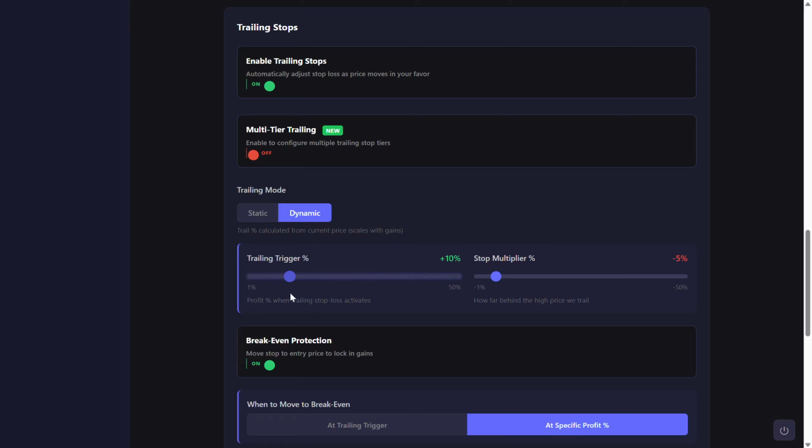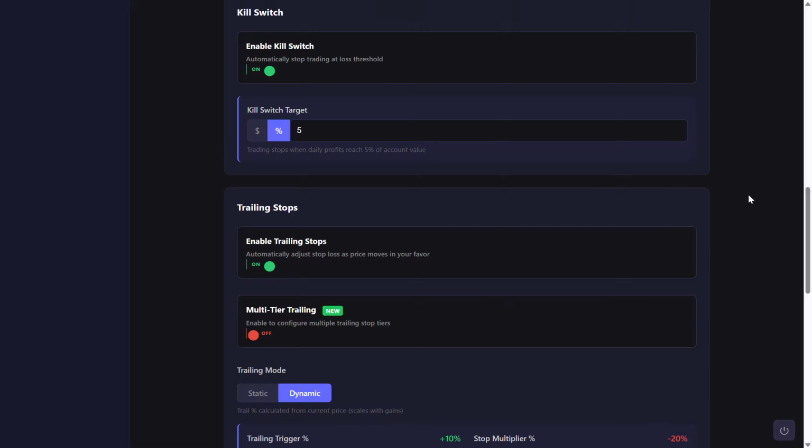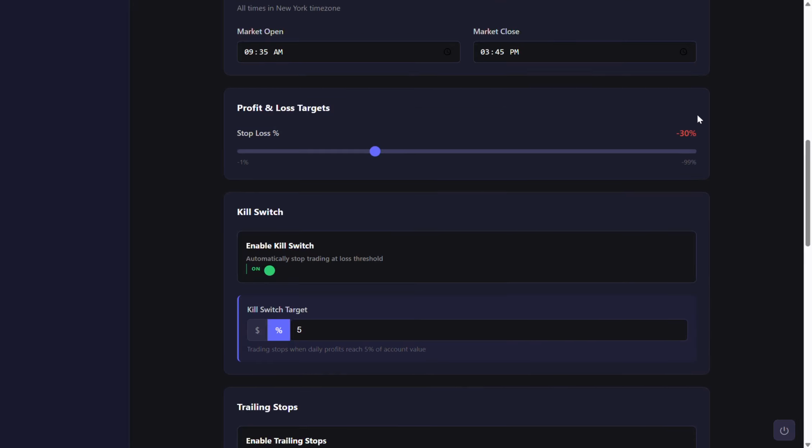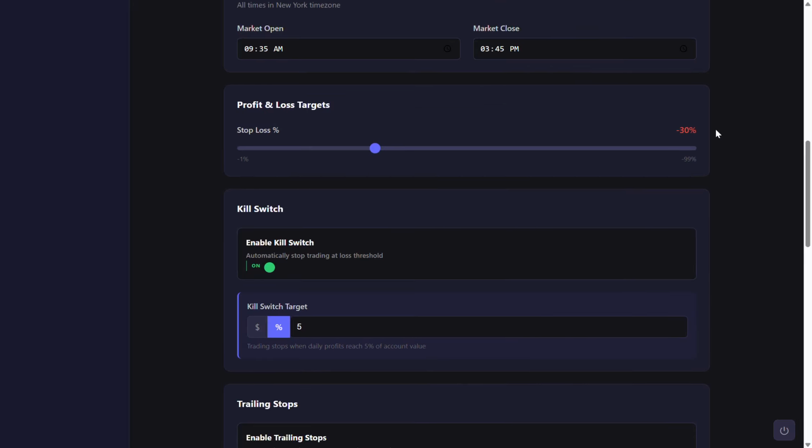And what this does is says, hey, when price moves to 10% profit, I want to start trailing my position by, let's say, 20%. So when you enter a trade, it's going to be at 30% below the entry price.